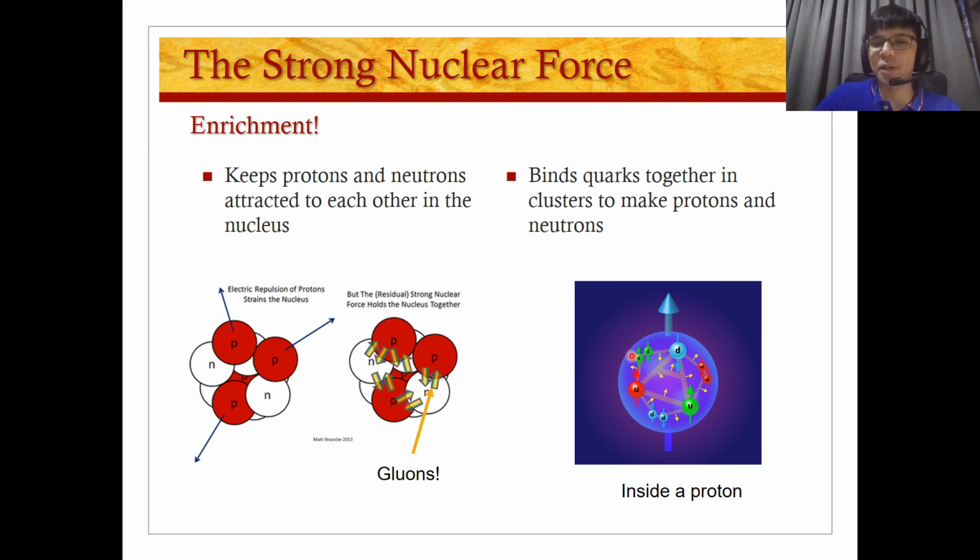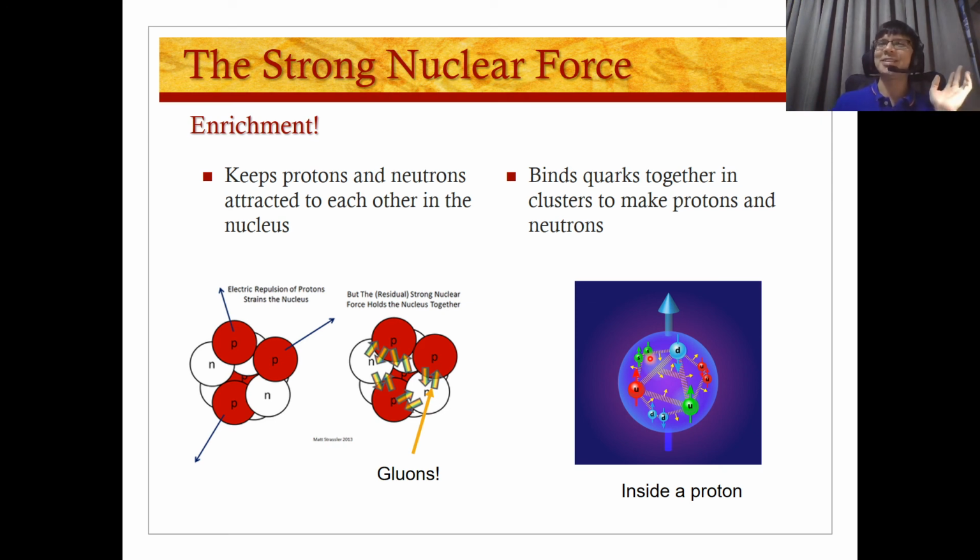Gluons are the particles that keep the quarks together. They're called gluons because they're named after glue. Gluons function a little bit like particles, and this force is interesting and complicated. If you have had enough already, you can just skip to the next lecture.